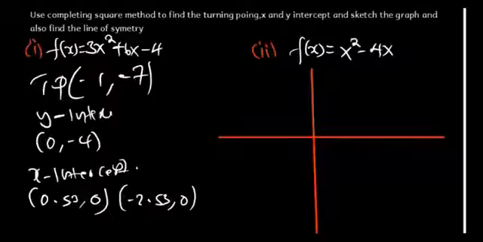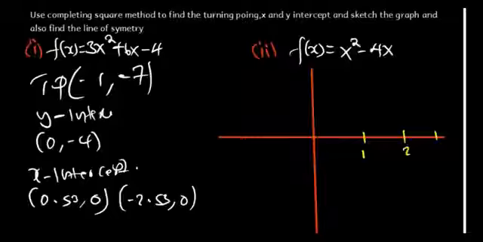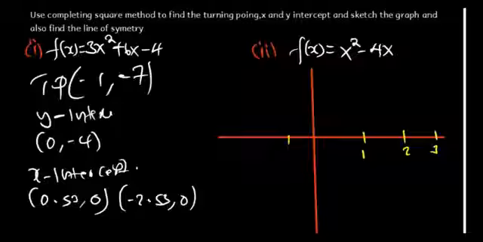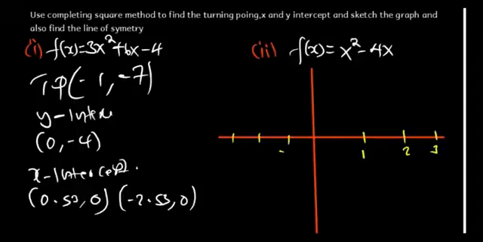We can see that we have, let's say, a 1 here, a 1, a 2, and a 3. So we have 1, 2, 3. So here let's also have negative 1, negative 2, negative 3.